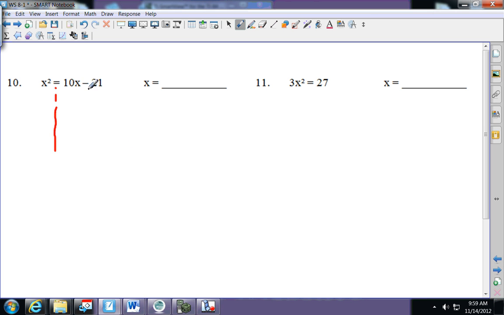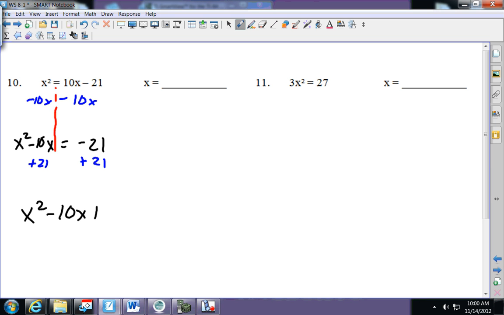So move the 10x and the -21. I'm going to subtract 10x from each side. So I have x squared minus 10x equals -21. Add 21 to each side. You get x squared minus 10x plus 21 is 0.